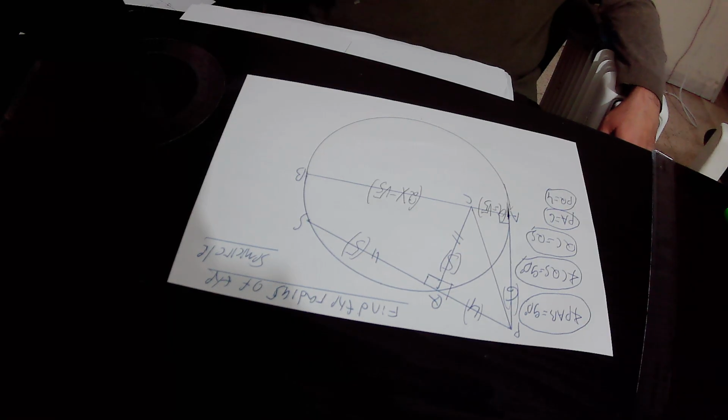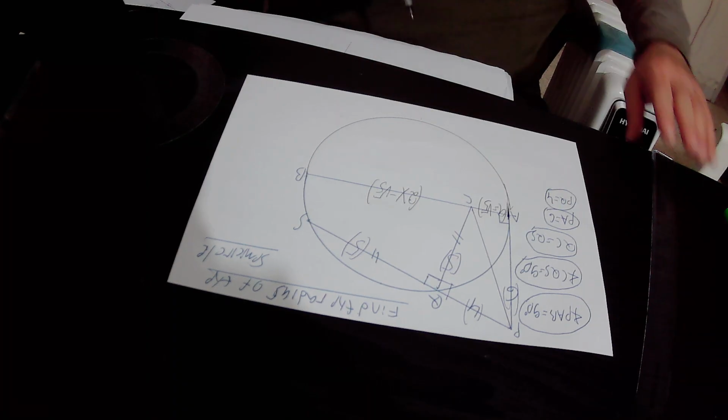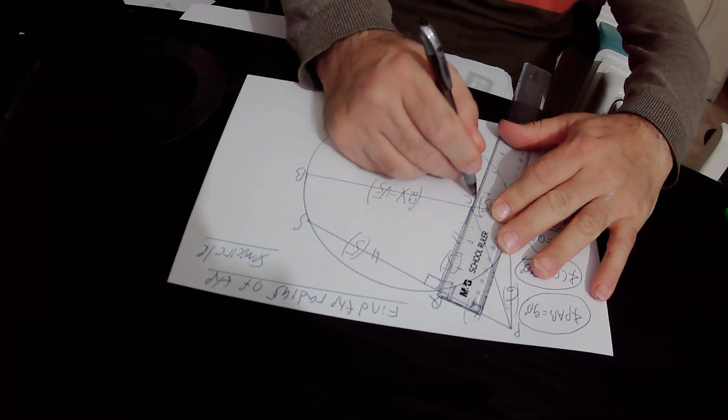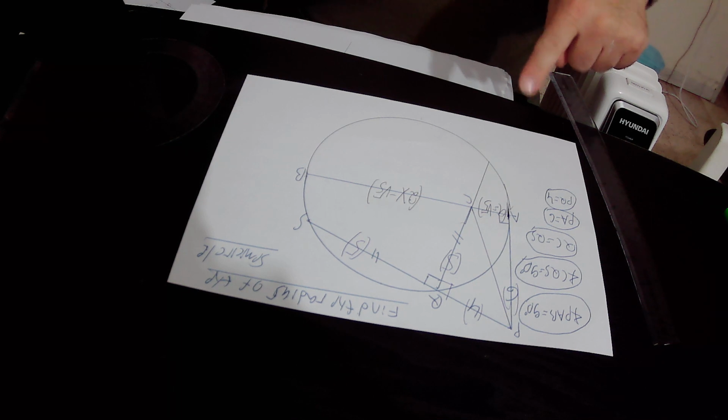And we will extend side QC by a straight line until it touches the circle. We will define the touching point of the extended side QC with this circle as M.